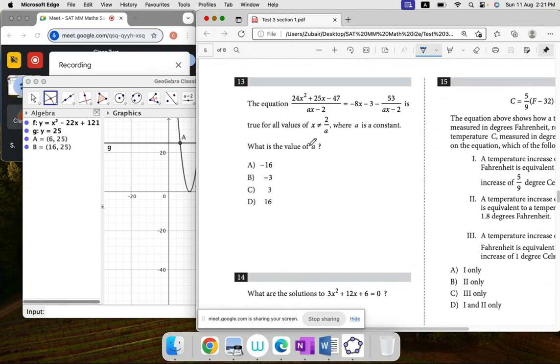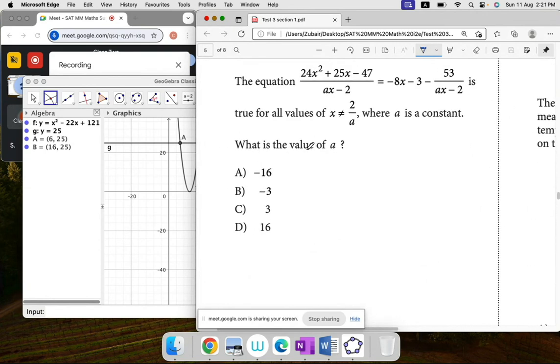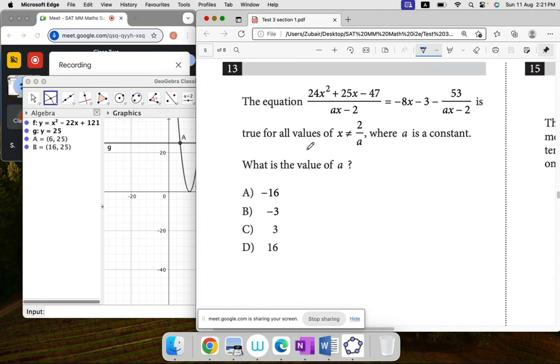What could be a short method? Comparing or substituting it back? I think I'll just simplify and compare. I'm taking LCM on the right hand side. So minus 8x minus 3 into (ax minus 2) over (ax minus 2) minus 53.